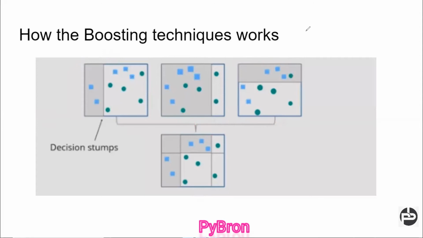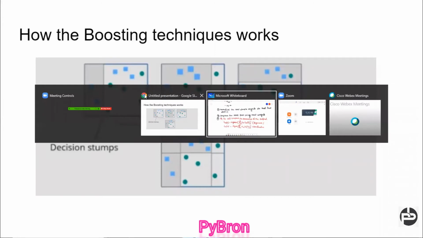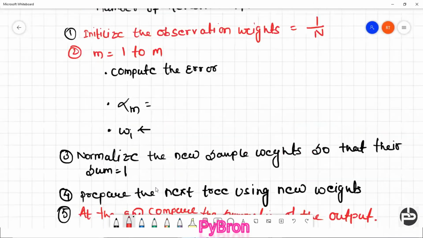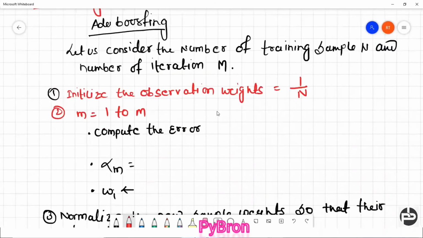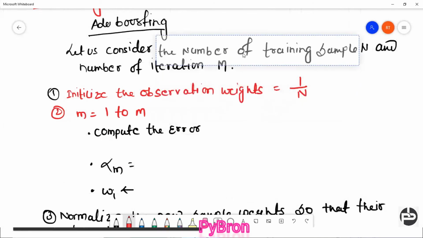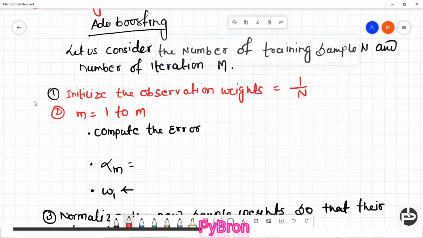Now let me share another screen, just a minute guys, let me share another thing which I want to show you. Okay, so what we are going to discuss here is boosting techniques. In boosting we have multiple boosting techniques, right?